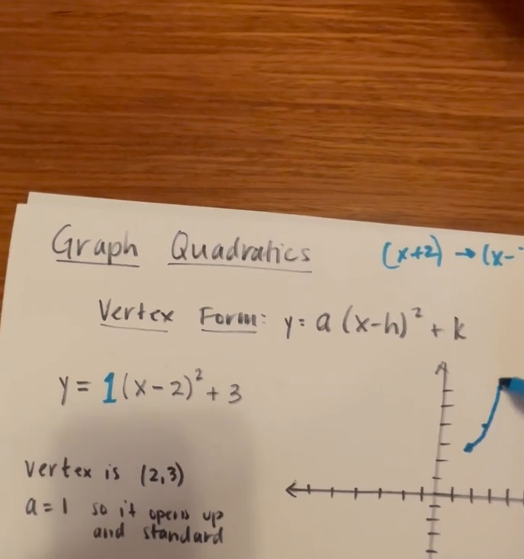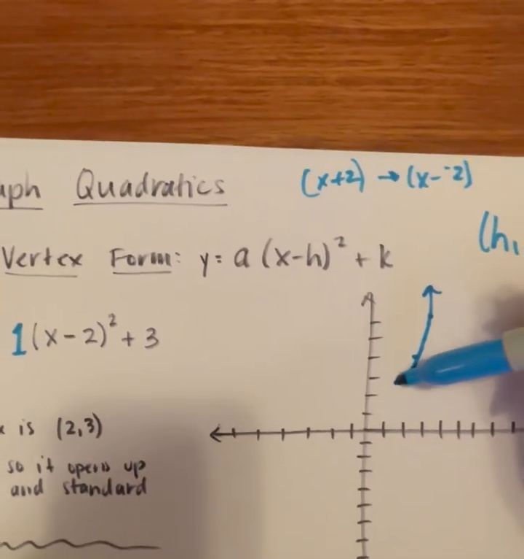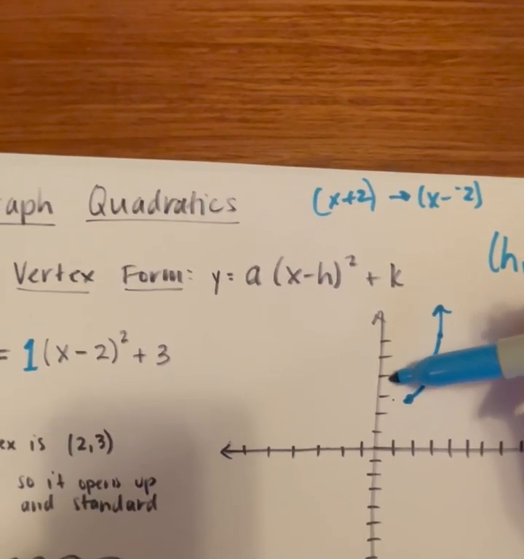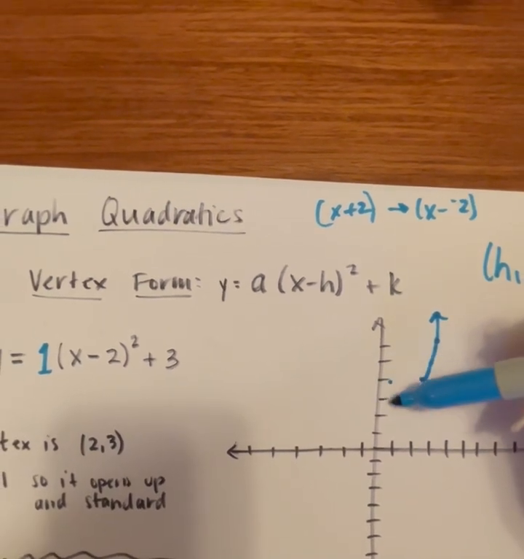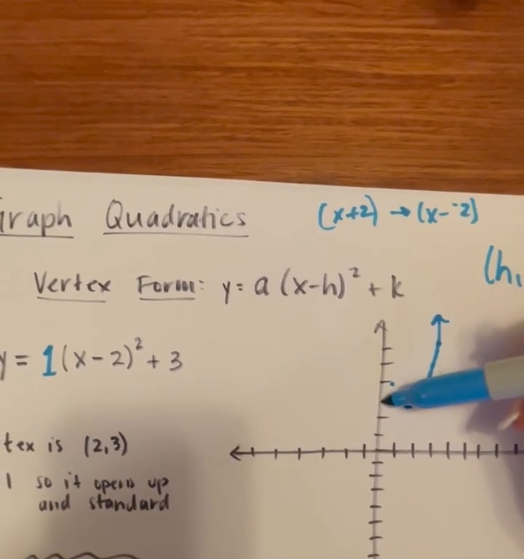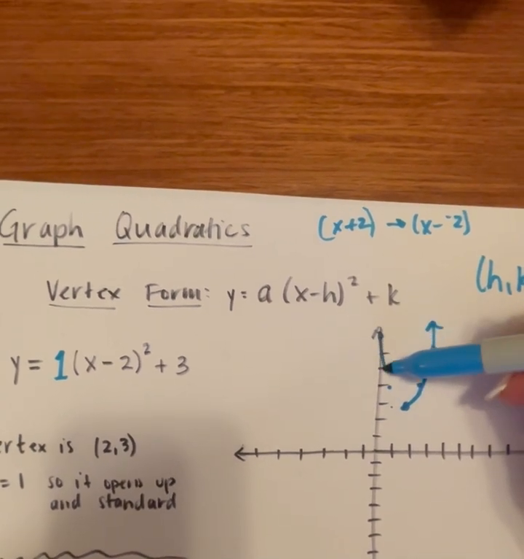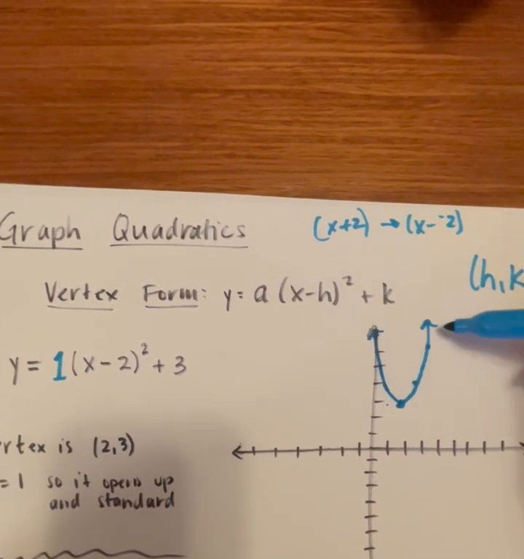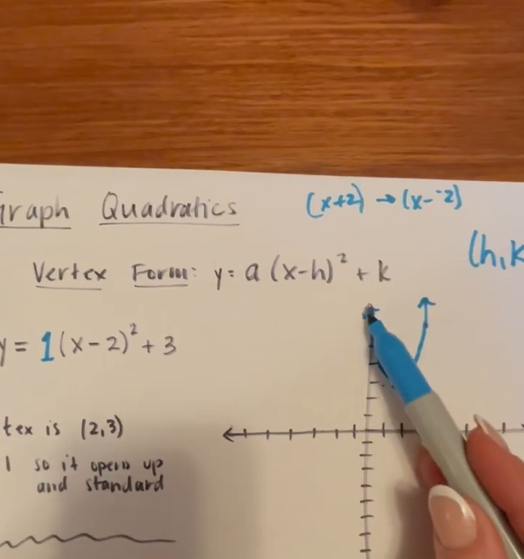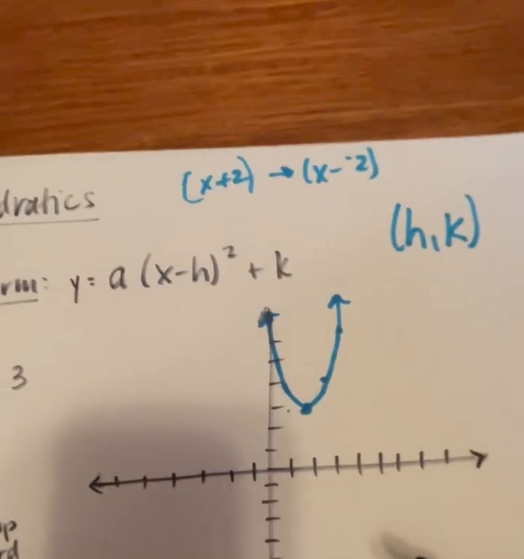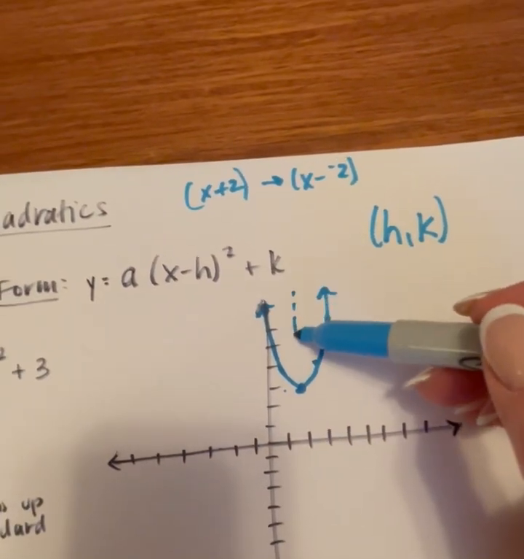And then this would be the left side of the parabola. The right side is going to mirror that, over 1, up 1, and then if I went over 2, I would go up 1, 2, 3, 4. So the y-intercept is really 6, isn't it? So this is my parabola.